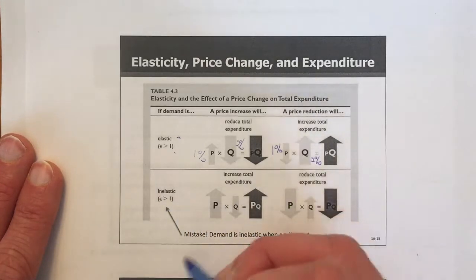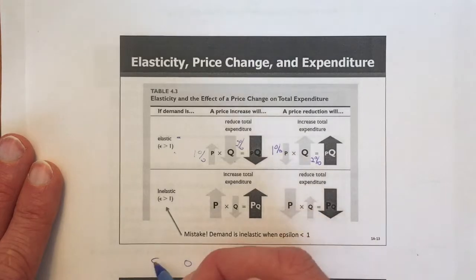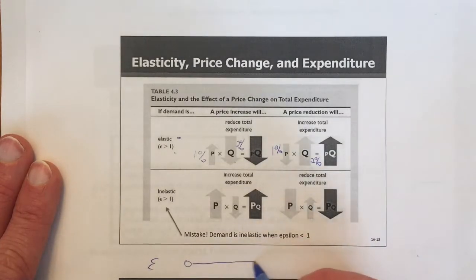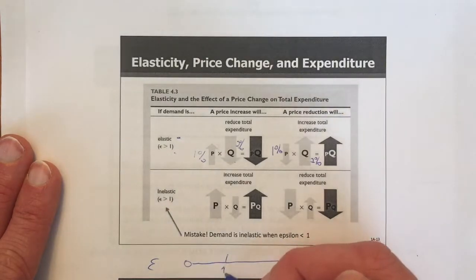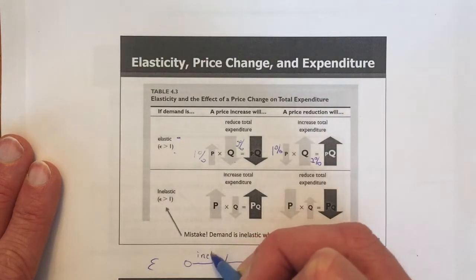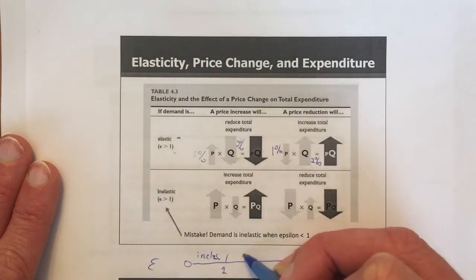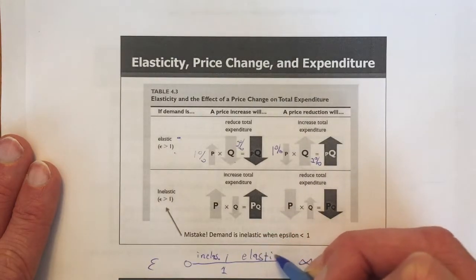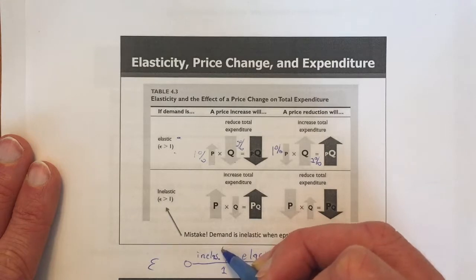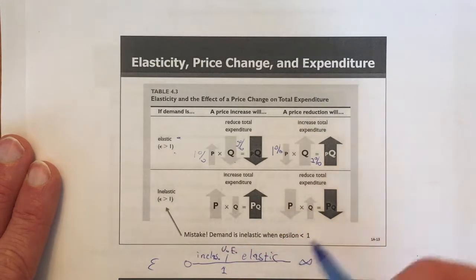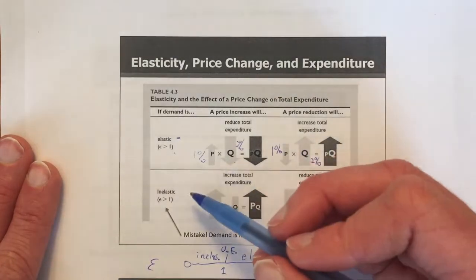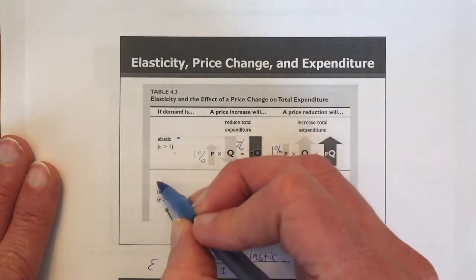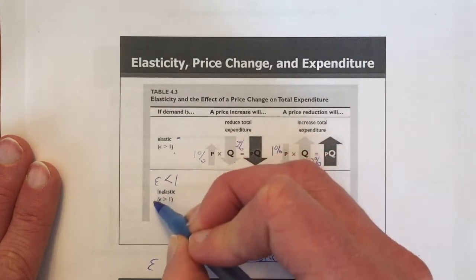Because as you remember, on the number line, elasticity is between 0 and infinity, this is the inelastic region, this is the elastic region, and then we have unit elastic at 1. So less than 1 is inelastic, greater than 1 is elastic, and 1 is unit elastic. So this really should be that the elasticity is less than 1.